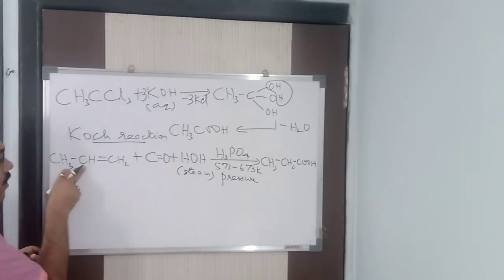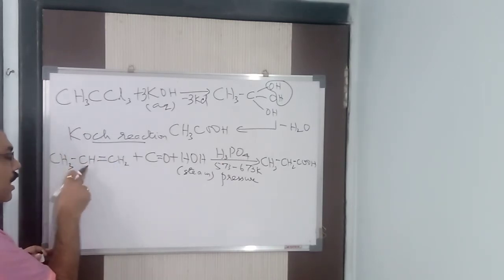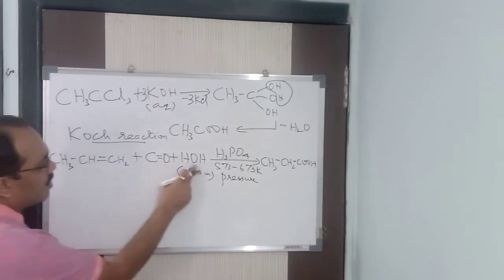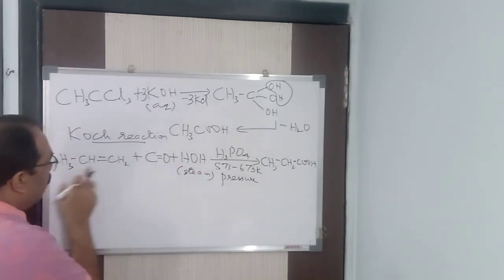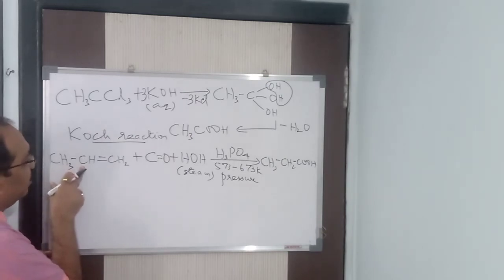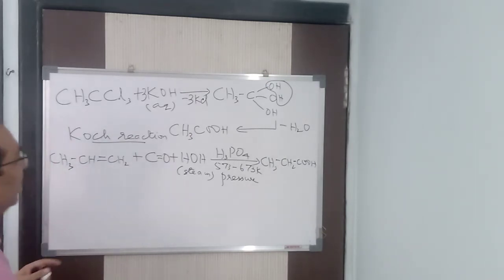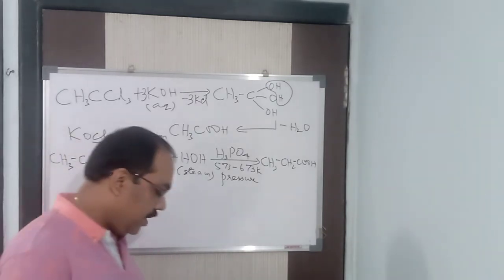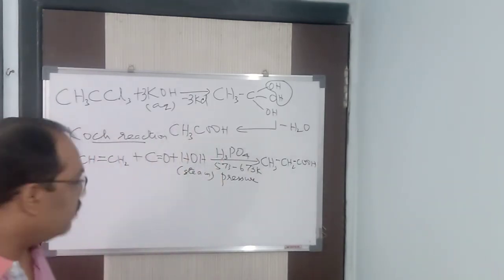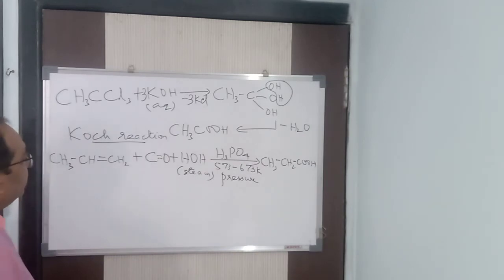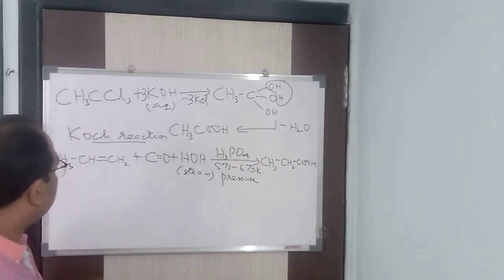The group that is more electronegative in nature will be added to the carbon with fewer hydrogens. Here the same reaction takes place, forming formic acid, no doubt about it. The COOH group will be added and H is added here. Clear? Understood?